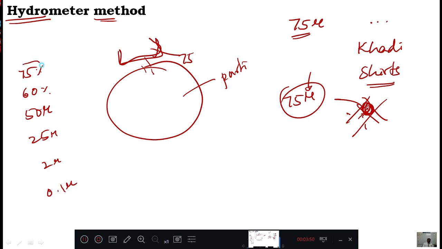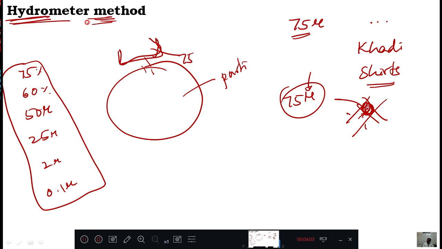Getting the particle size distribution and percentage of these particles is very difficult through sieve analysis. Therefore, we have invented one method called the hydrometer method. This method also I will explain when you come offline. It is very difficult to explain this hydrometer method online.